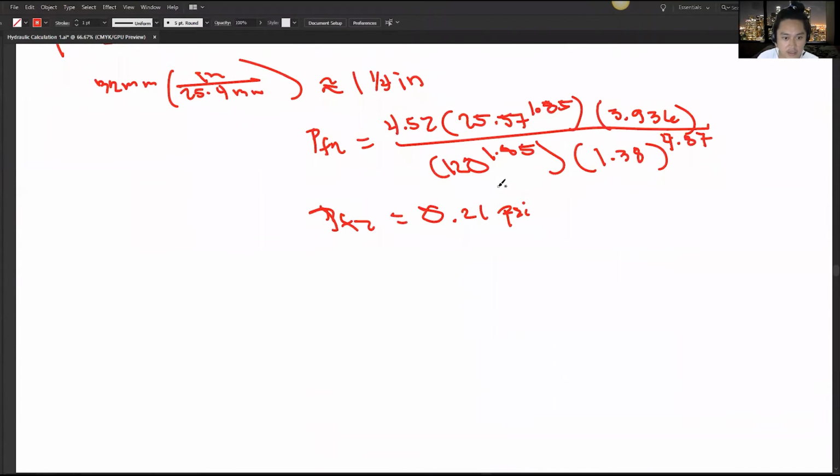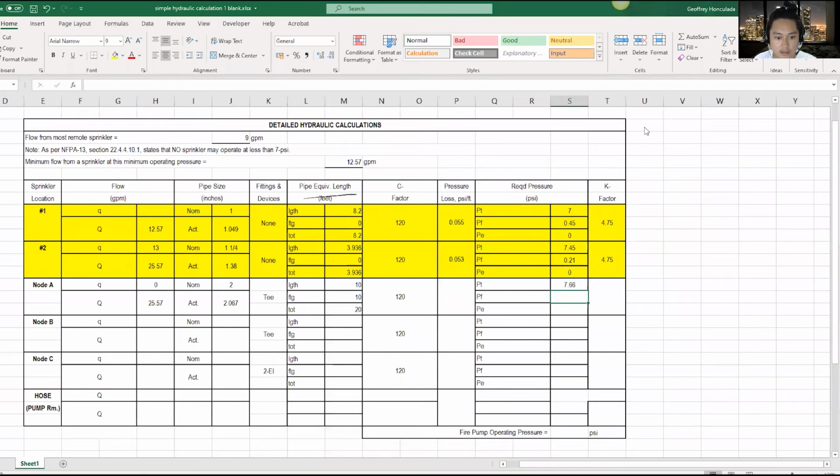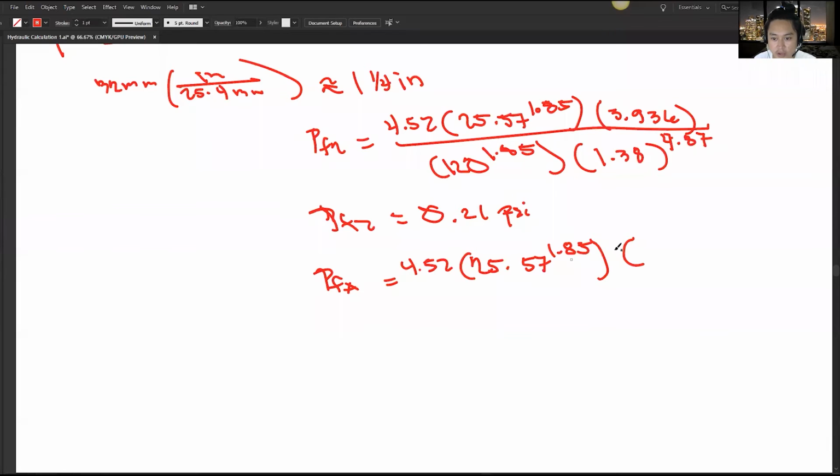PFA is equal to 4.52 times the actual flow, 25.57, raised to the power of 1.85, that's the constant, times the length. In our case, the total length is 20, so we put that here, all over the C value, which is still 120.